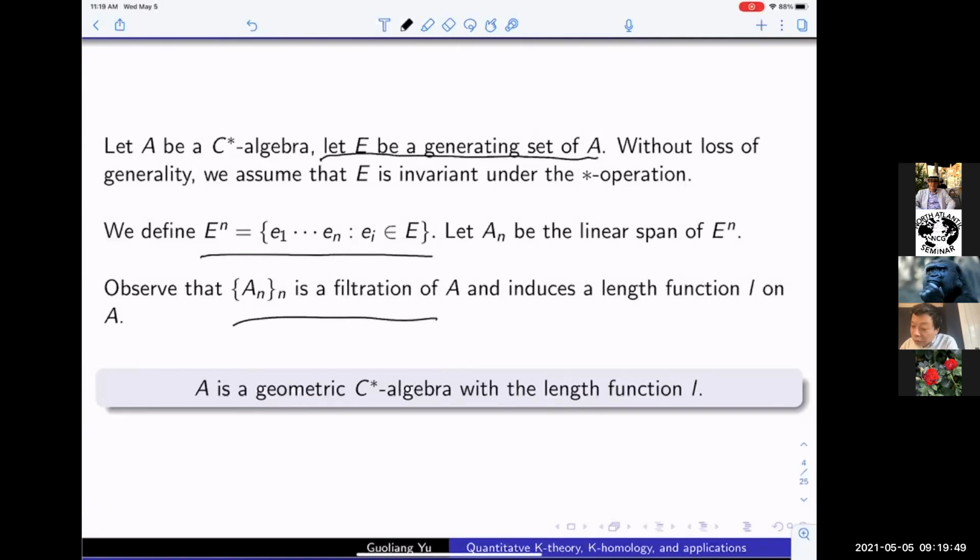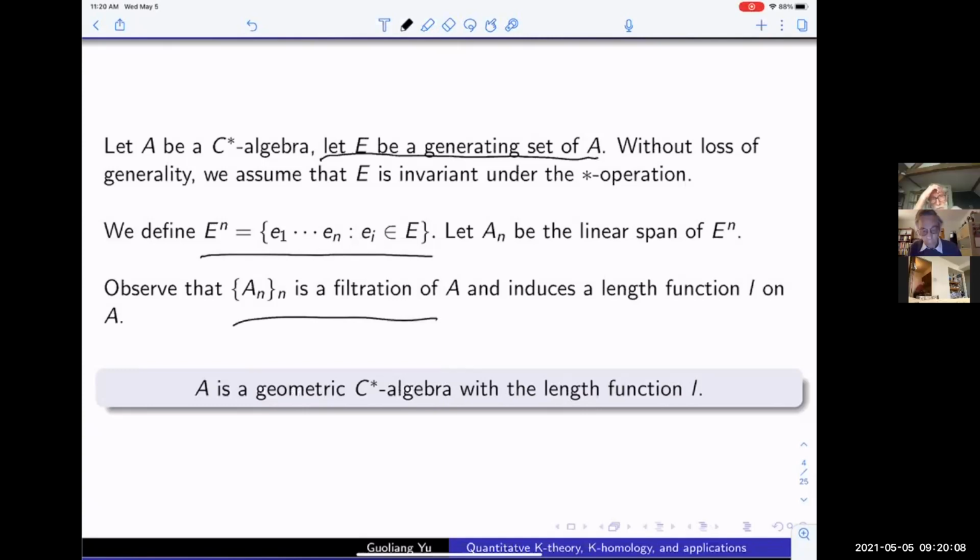In particular, it's quite interesting if we have a finitely generated C*-algebra. We can choose a finite generating set to create a length function. Two different finite generating sets would give you different length functions, but asymptotically, they are equivalent.